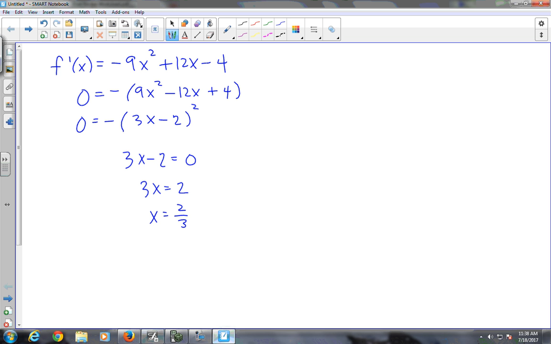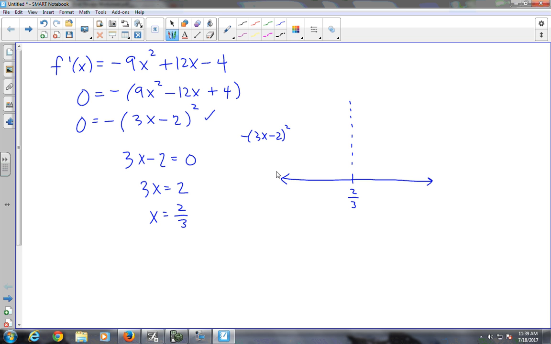Let's go ahead and construct our first derivative test or our sign graph. So we'll take our only critical number, 2/3, and put it on our number line, and we're going to check the sign of the derivative on each interval. Now, if you're really paying attention, this is not going to be a lot of work. The entire derivative is a negative version of something squared.